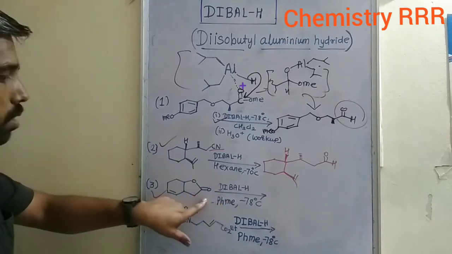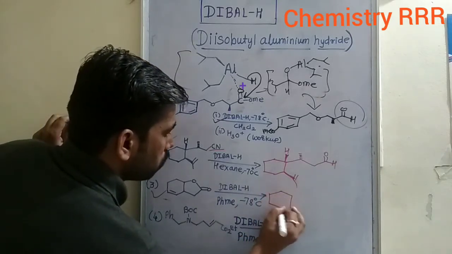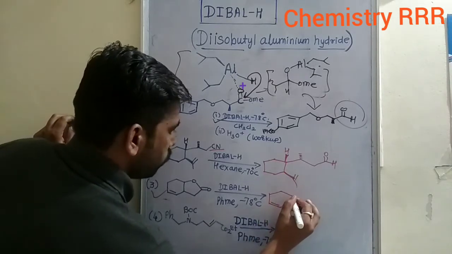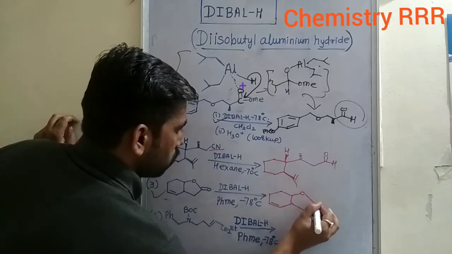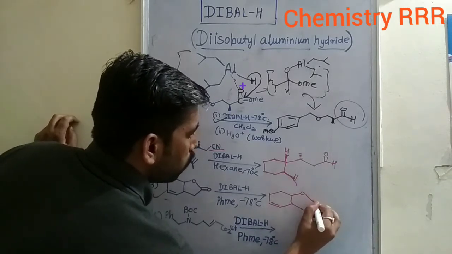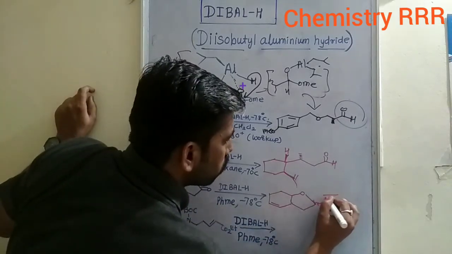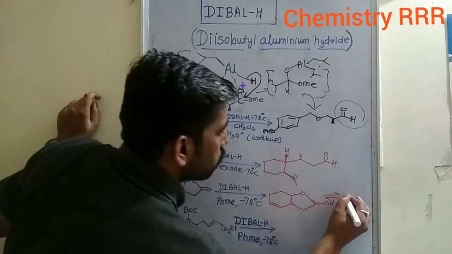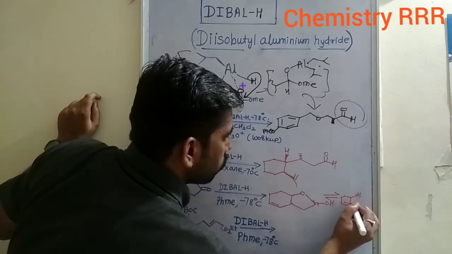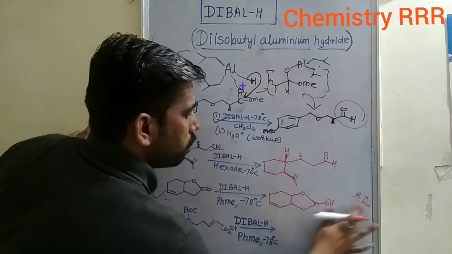DIBAL-H reduces a cyclic ester or lactone to the corresponding lactol, and this lactol is in equilibrium with the open-chain form, like this. Or we can simply write this product also.